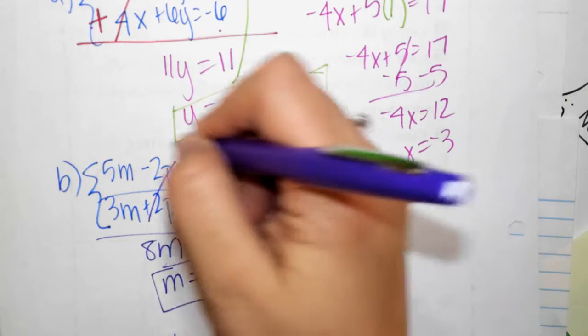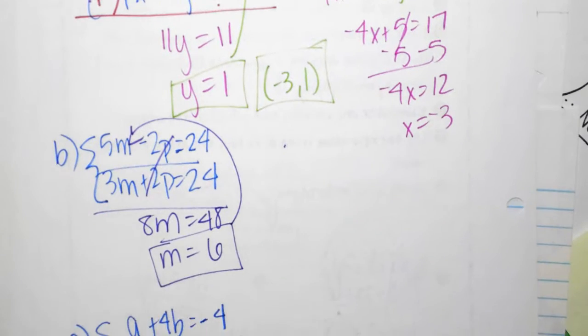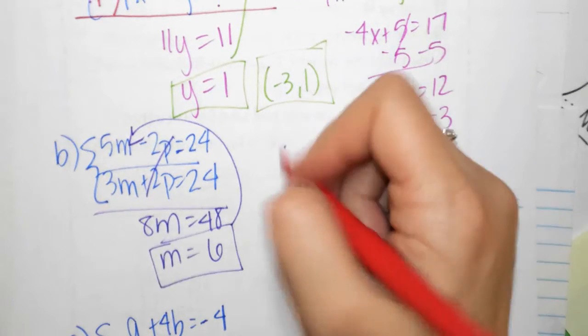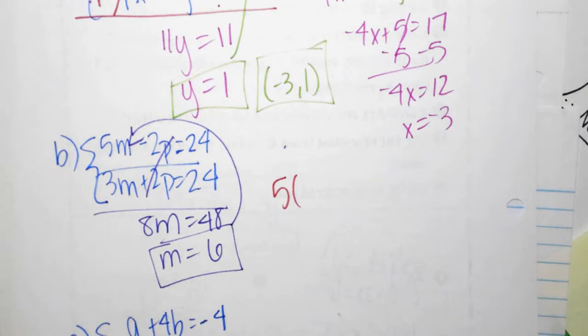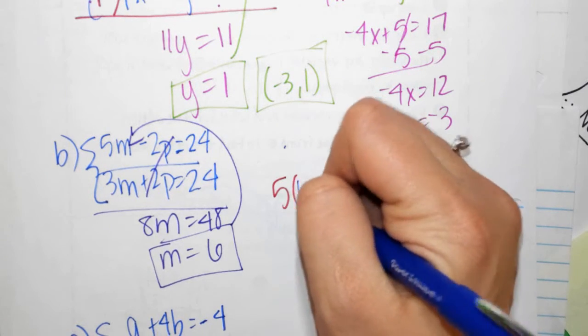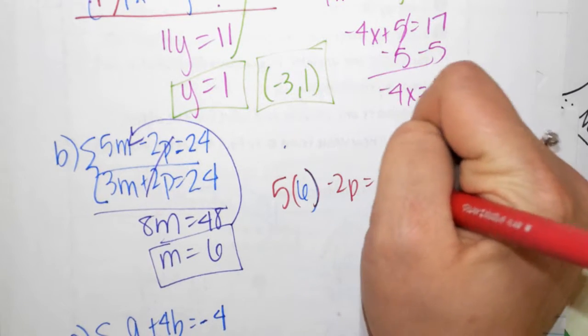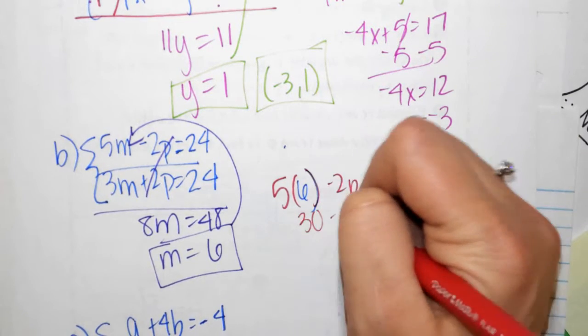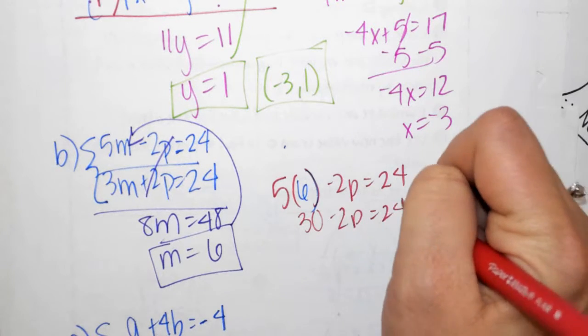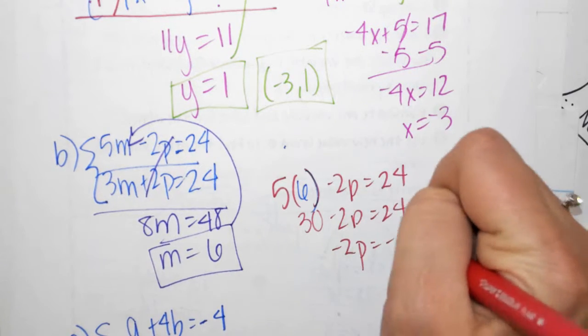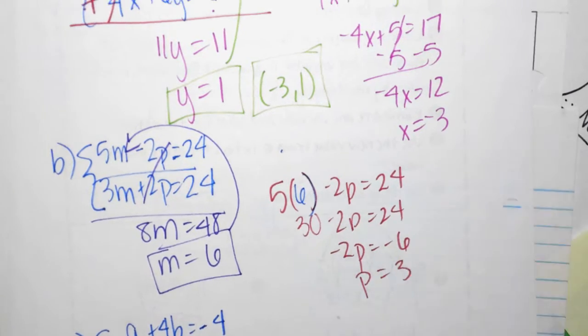So then you take this and you plug it in up top. So that gives you 5 times, what does M equal? Awesome. Woo!